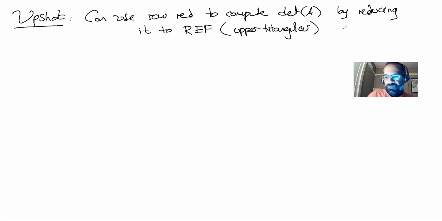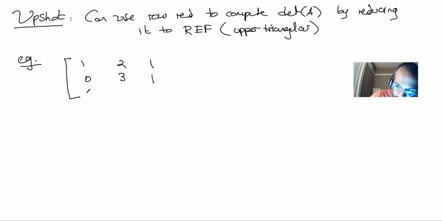So for example, let's look at the same matrix again: 0, 3, 1, minus 1, 0, minus 2. And now, again, I'm going to do row reduction, my favorite algorithm that we've been doing throughout the course. And we just want to make it upper triangular.